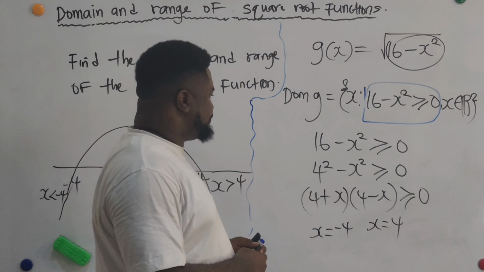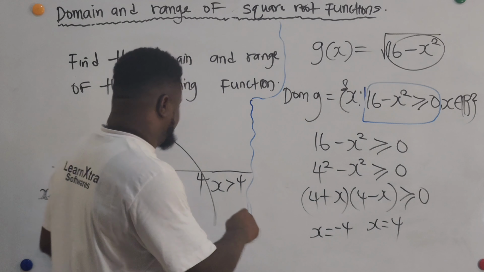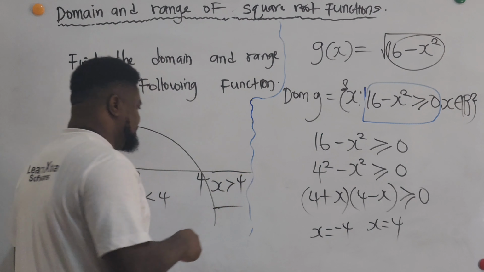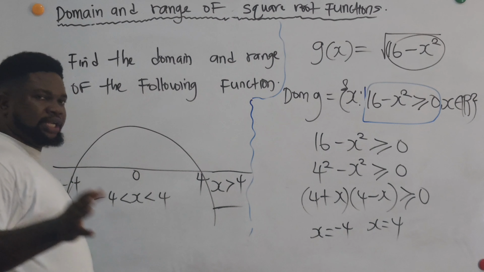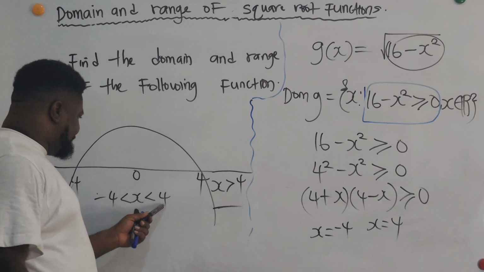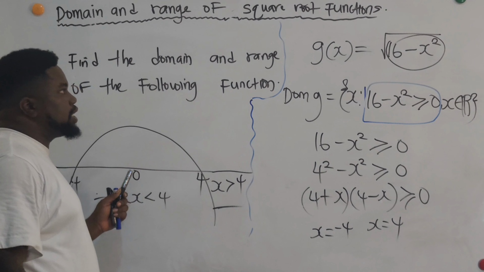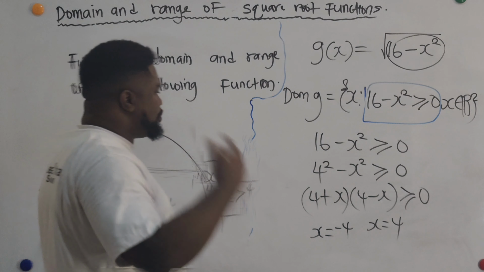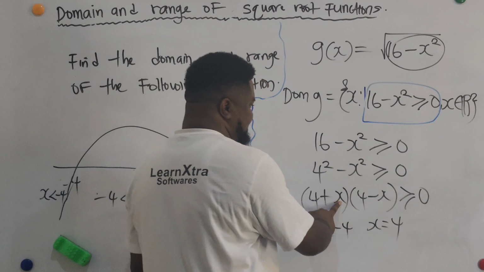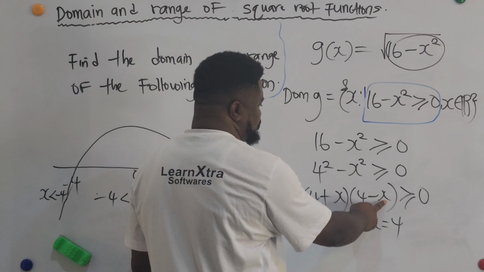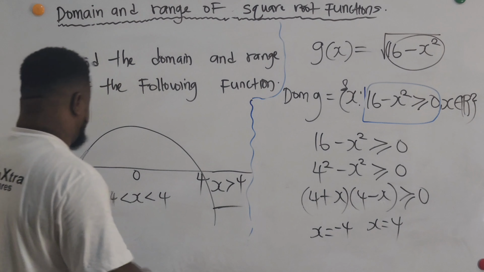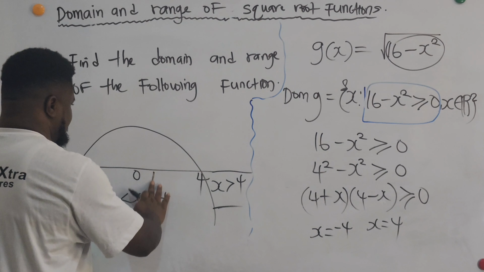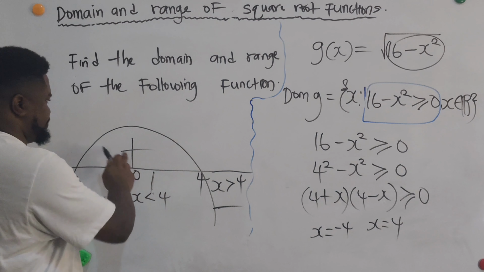So this region gives us negative. Let's take a number in between -4 and 4. For instance, let's take 2. 4 plus 2, 6. 4 minus 2, 2. 6 times 2, 12. Positive. So this region gives us positive.